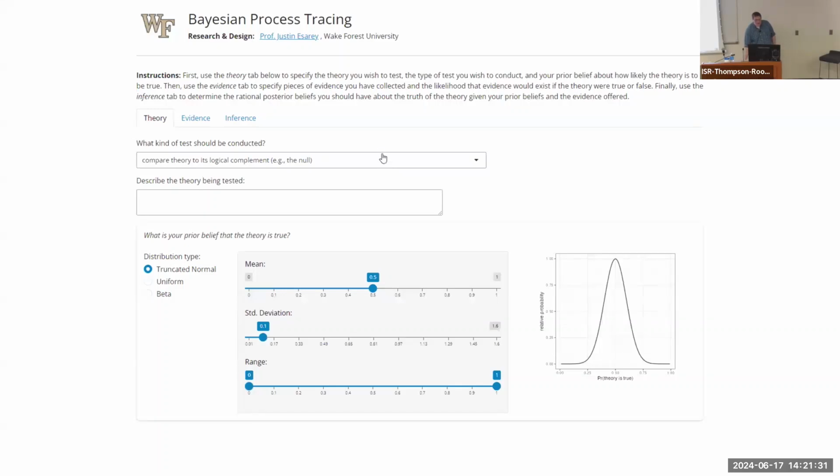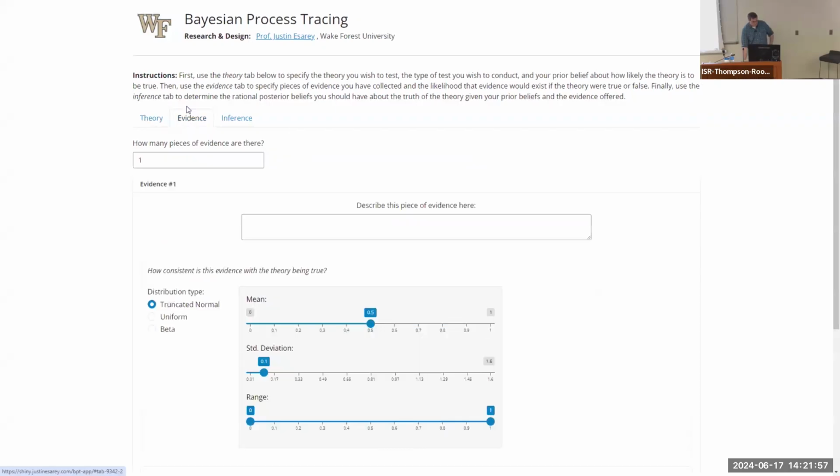By the way, if you want to see any of this stuff, the slideshow and everything I'm showing you is at justinessery.com/ICPSR, so you can follow along at home. But anyway, one thing we'll be doing is talking about how to apply Bayesian inference to problems that aren't necessarily purely quantitative, which is possible.